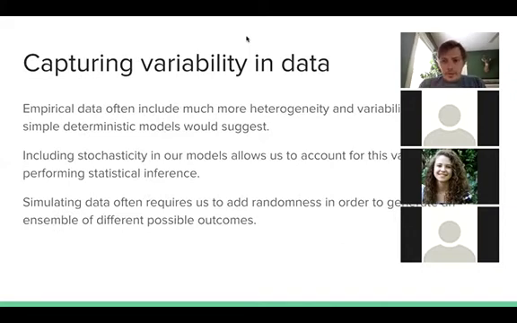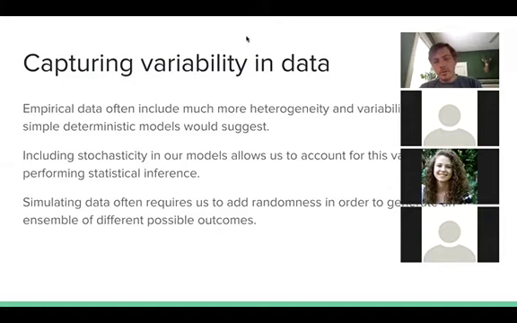Okay, and then the third reason why we might be interested in using stochastic models is to try and capture the heterogeneity and variability that we see in real-world data that we often can't capture with our simple deterministic models.